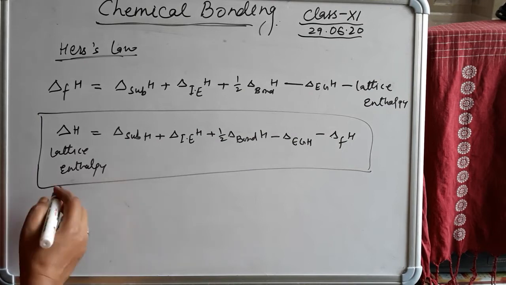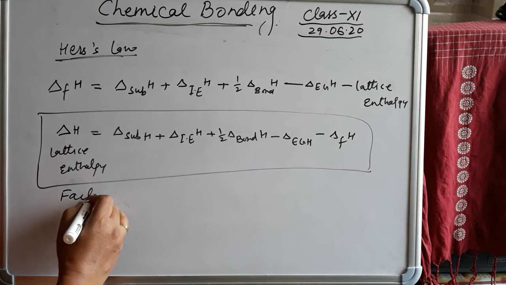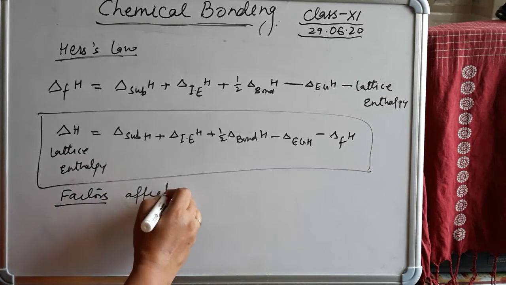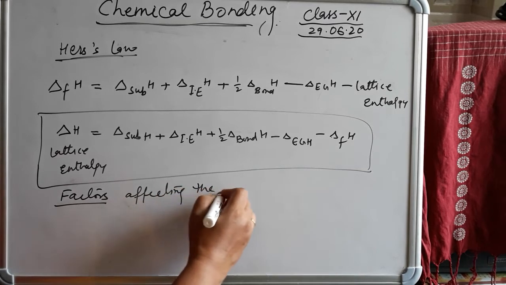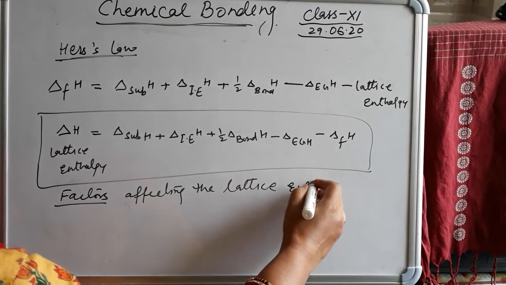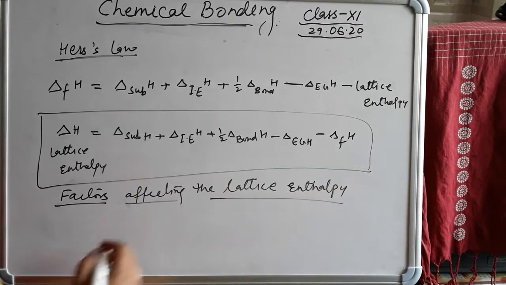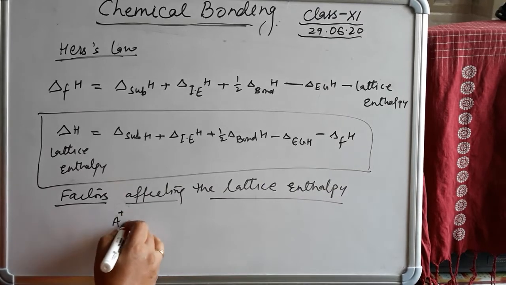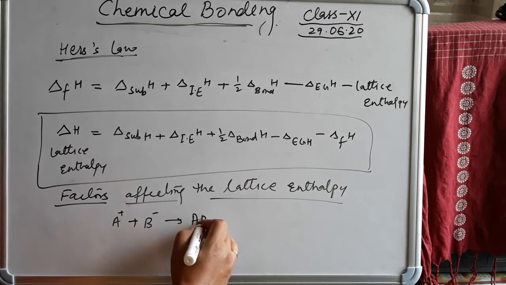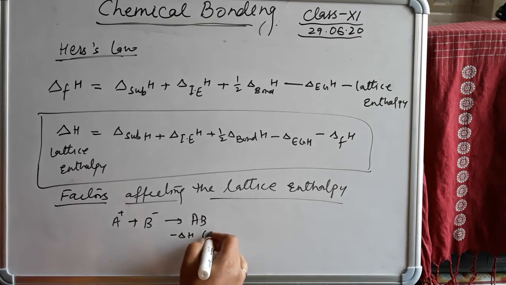What are the factors affecting the lattice enthalpy? Suppose cation A combines with anion B to form AB, and lattice enthalpy is released.